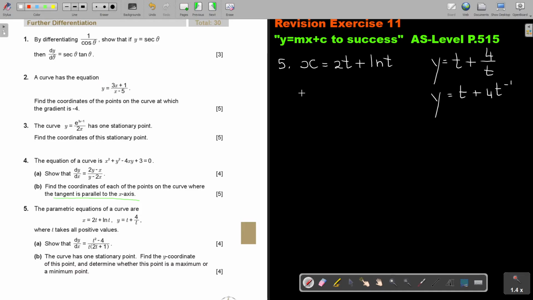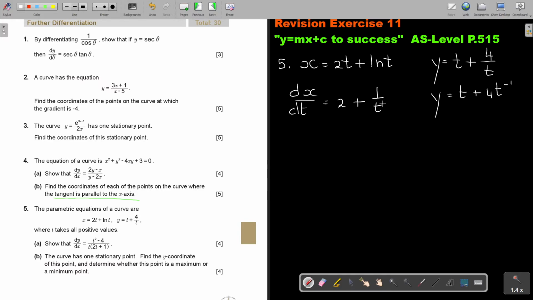So let's just differentiate. Let's get it correct. dx over dt is going to be just 2 plus 1 over t. That's going to be my first answer.